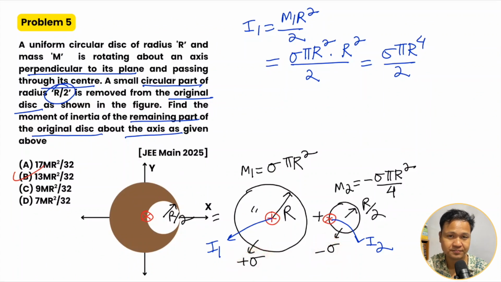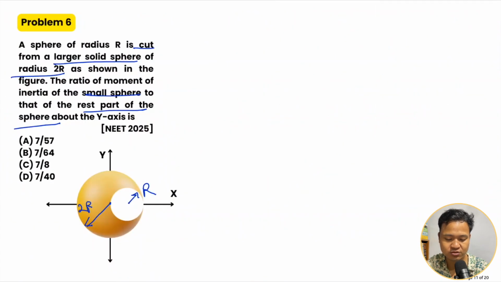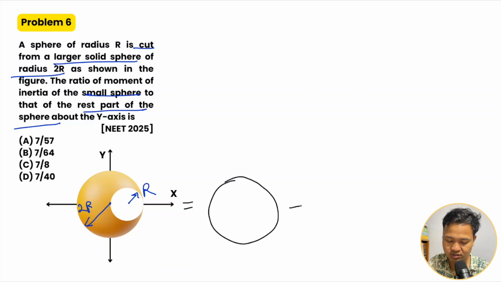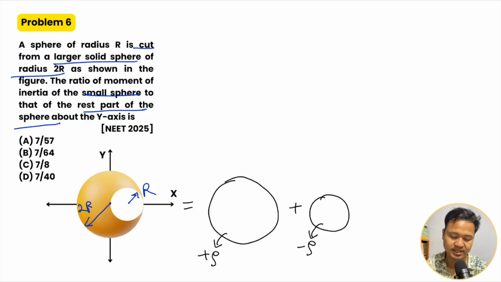Here, since it is a sphere, we deal with volume, so we are going to take plus rho and minus rho. The final cavity forms like this: from the original I have to subtract, so the negative mass. Wherever the mass is plus rho, the cavity gets negative mass, minus rho.